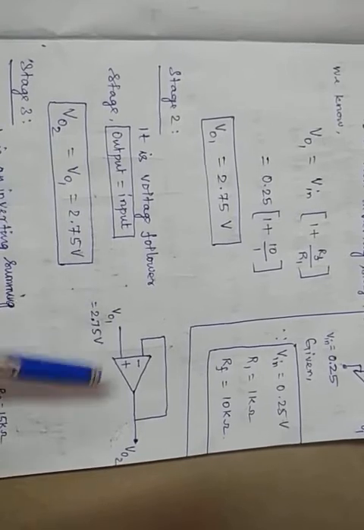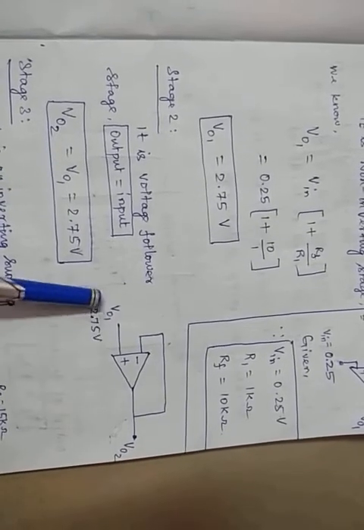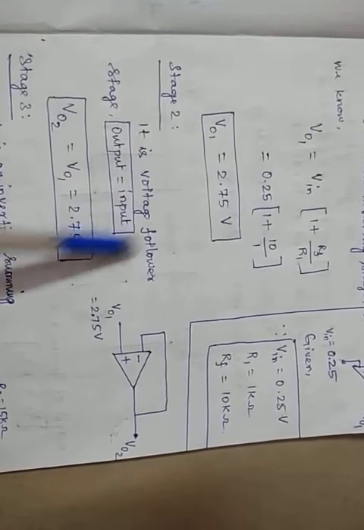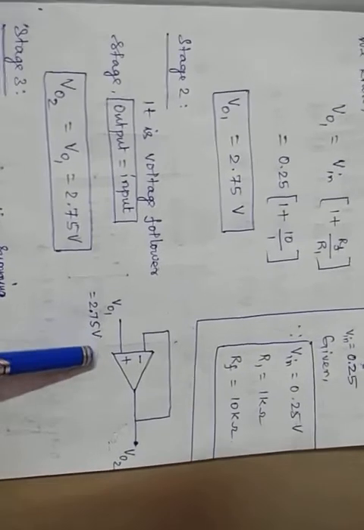So we'll see the second stage. The second stage is the voltage follower stage. The output of the first stage will be the input for the second stage.